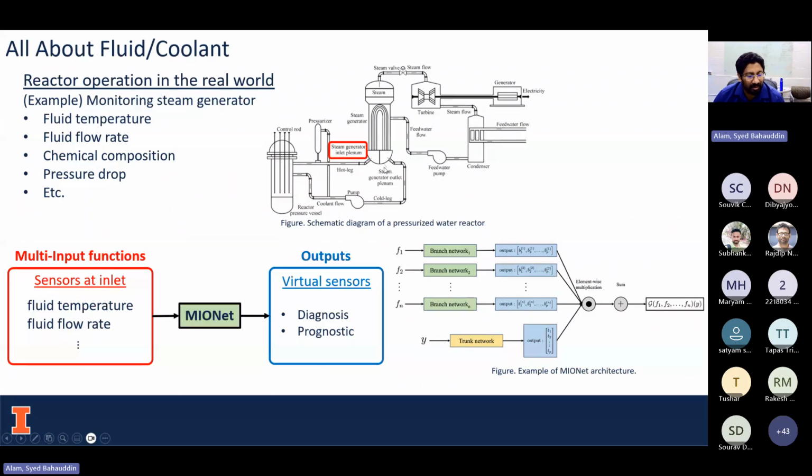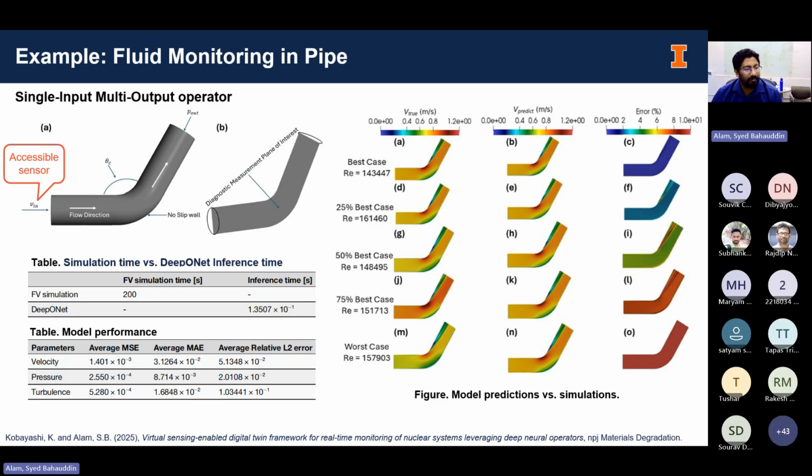Our lab has been developing some operators, more on the multiple-input, multiple-output side. In one paper we tried to publish last year, it's just a pipe, but the problem is that there's a bend, and we cannot have sensors in that bend. But we still want to see what's going on there.